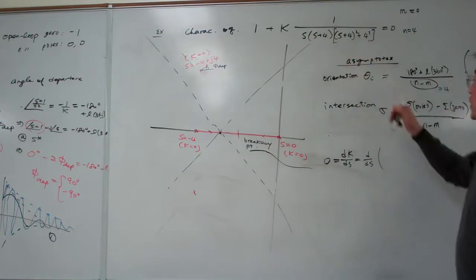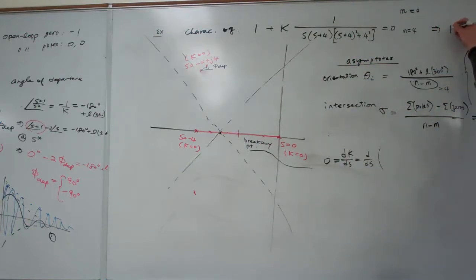From this expression, you can see k equals minus (s plus 4) times (s squared plus 8s plus 32), where I expanded the last term into this.